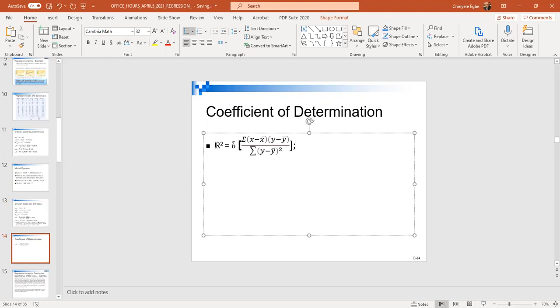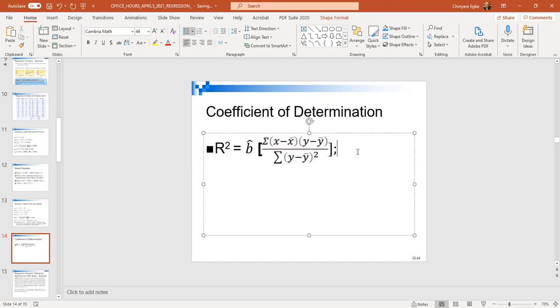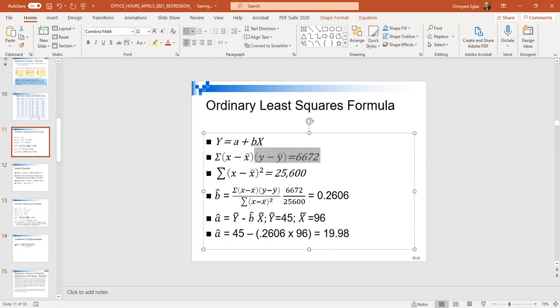So we have the numbers, and we're going to bring the numbers that we used earlier.